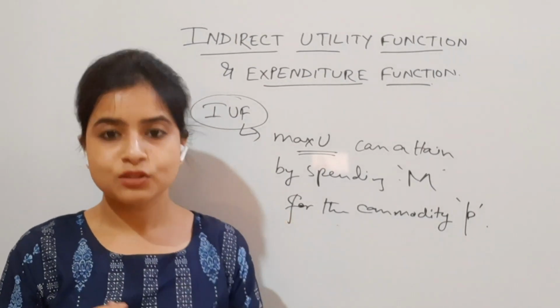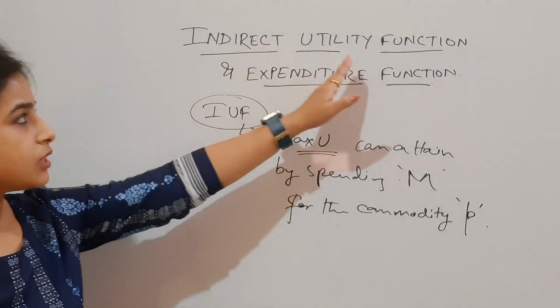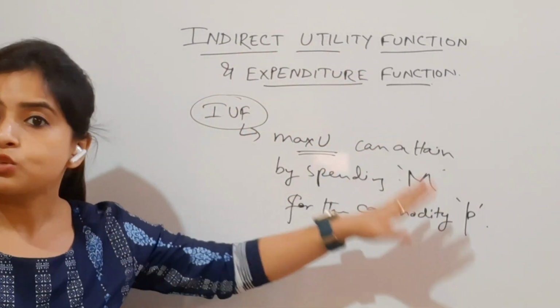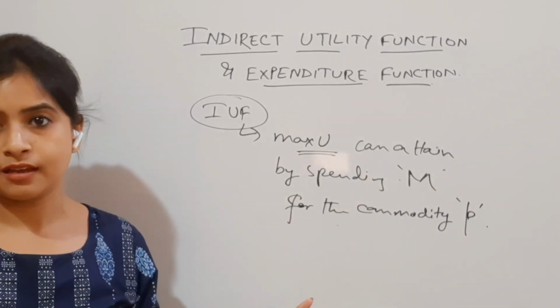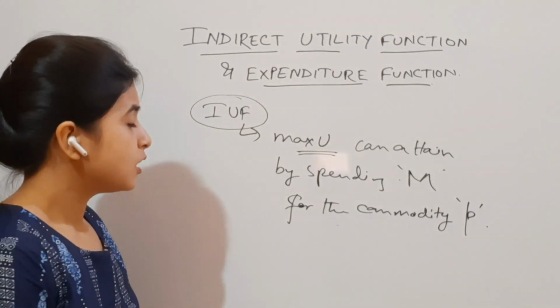So the indirect utility function provides us the maximum utility that the consumer can attain. Now you have to remember one thing: for the indirect utility function, the whole income needs to be spent. There shouldn't be any savings. That is one thing that should be very clear.